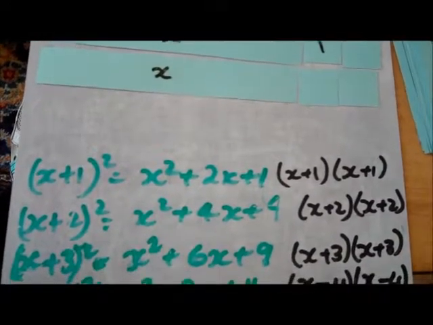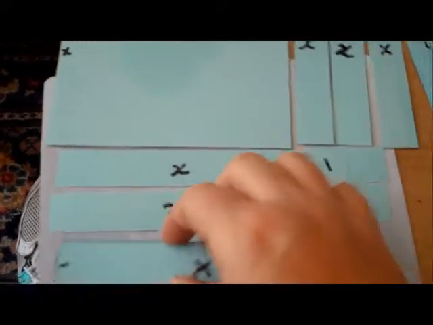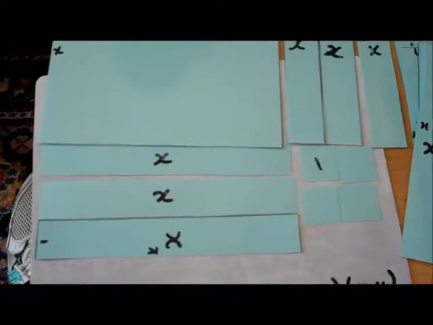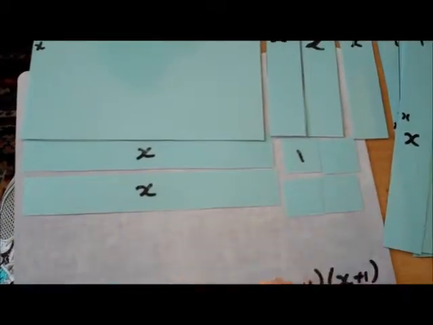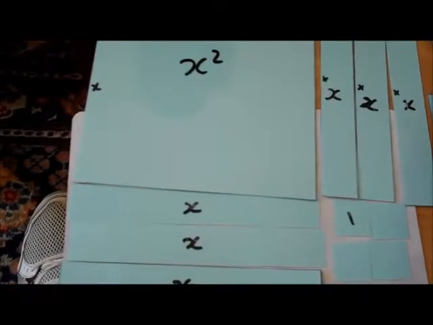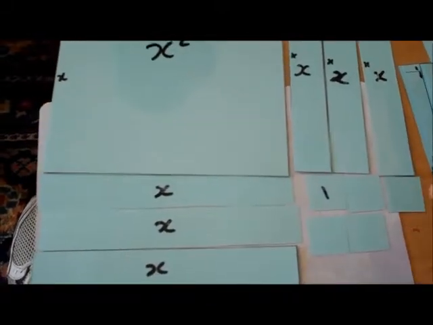Let's have a look at x plus 3 all squared. So then I would add on another one. There's x plus 3, there's x plus 3. Oops, I need a sideways one, not an upside down looking one. Now I need to put some more little squares on.